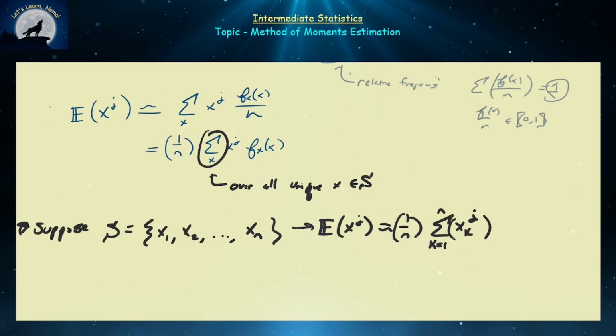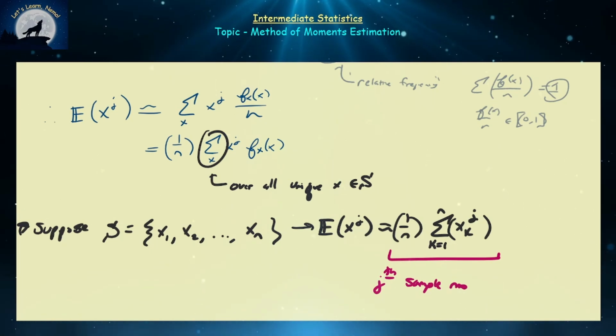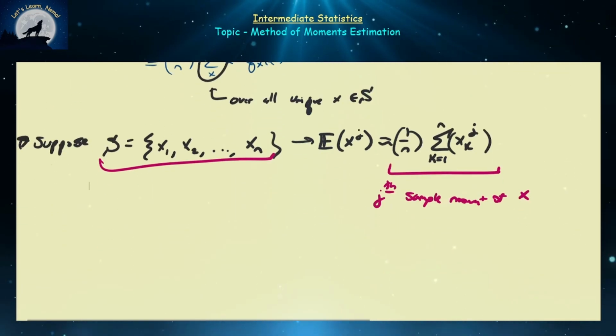Here, it's possible that these xk's are the same, but that's irrelevant in terms of this notation. But this is what we refer to as the jth sample moment of x, coming from the sample s, which ranges from x1 to xm.